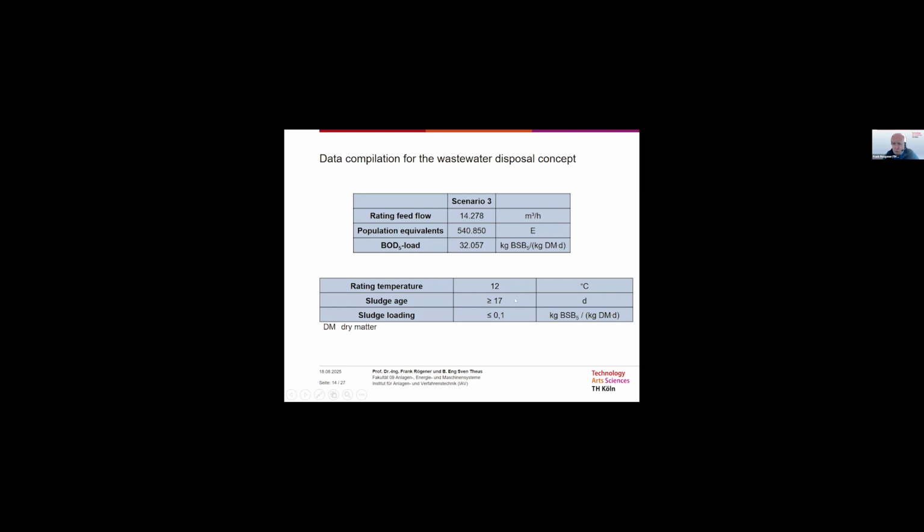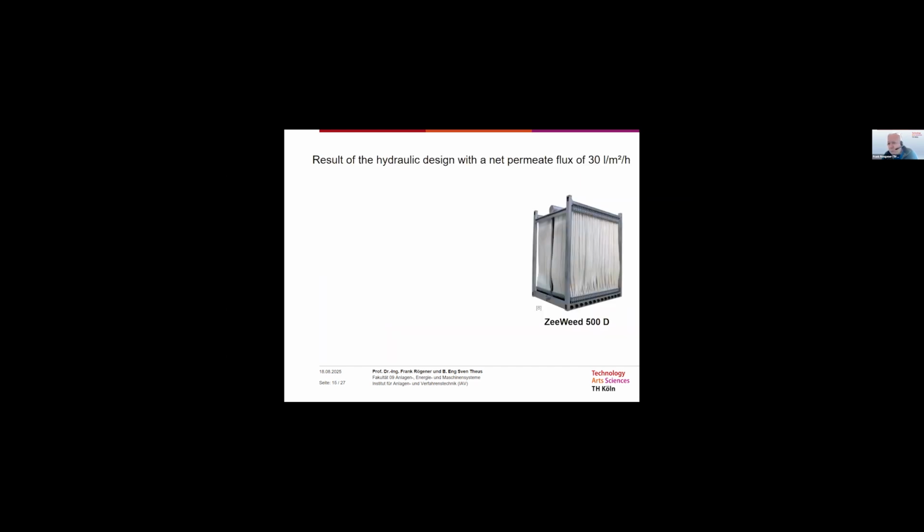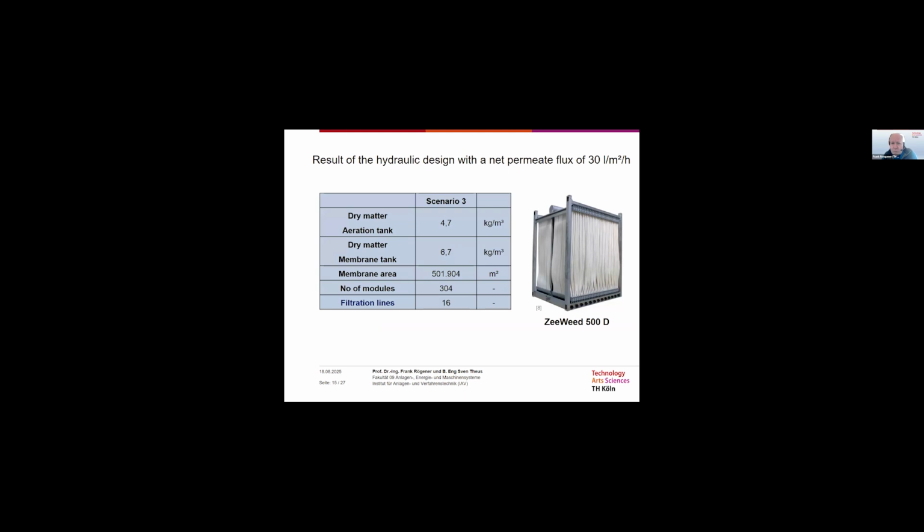The sludge age should be about 17 days, and the sludge loading should be in the range of 0.1 kilogram BOD per kilogram of dry matter and day. This is a sketch of such a module.